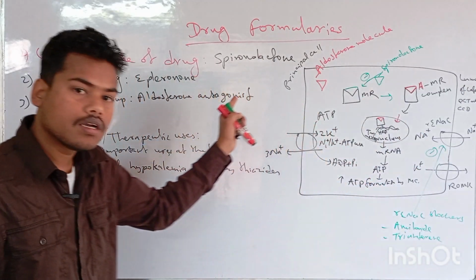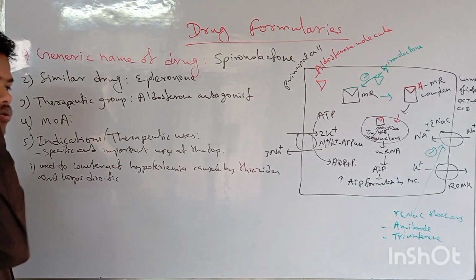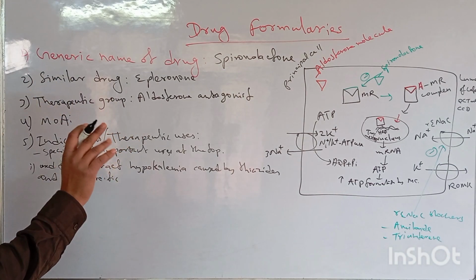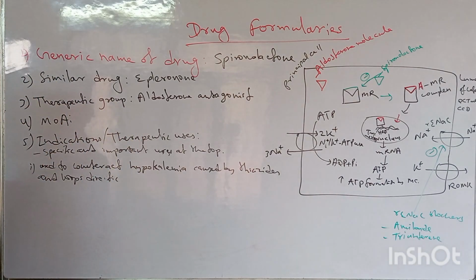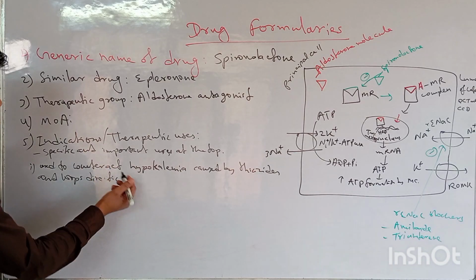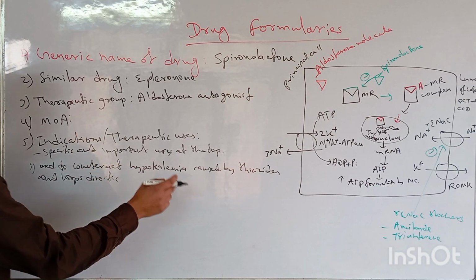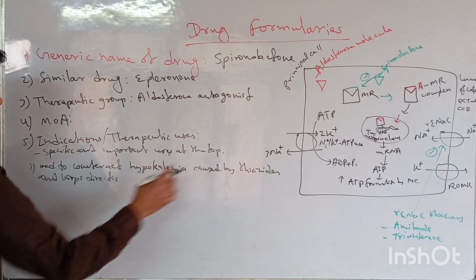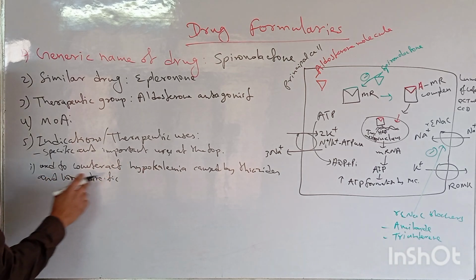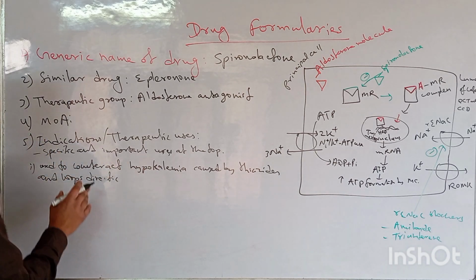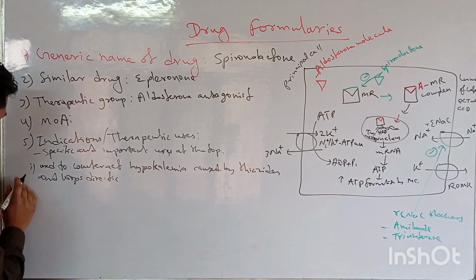As I mentioned earlier, if you know the mechanism of action, you can write usage and adverse effect, even contraindication too. So first and foremost use is this: concurrently used with thiazides and loop diuretics to counteract the hypokalemia.